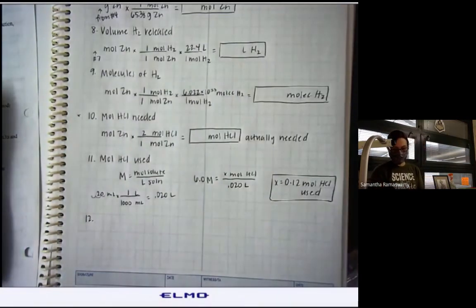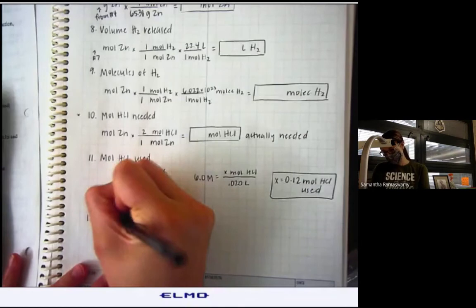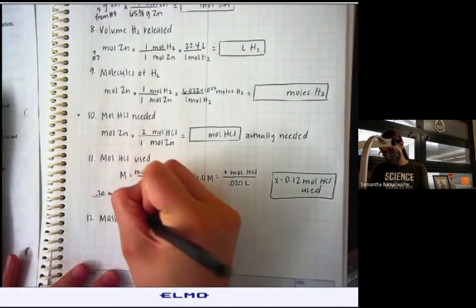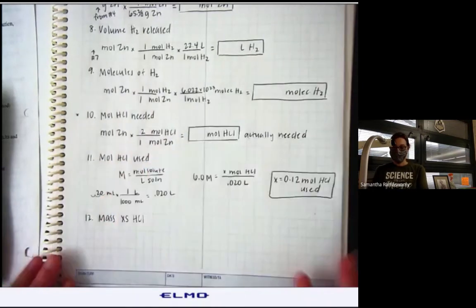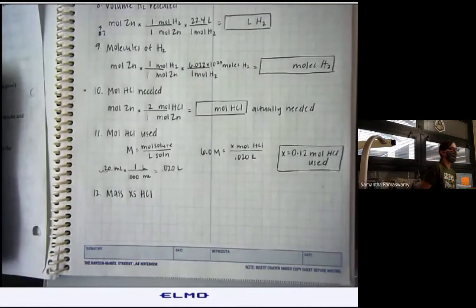Using your answers to questions 10 and 11, calculate the mass of excess HCl present. So mass of excess HCl. Now I use XS to abbreviate excess, like too much.